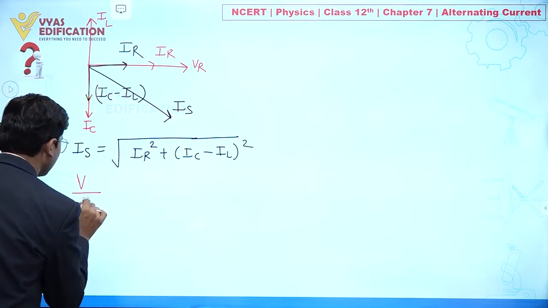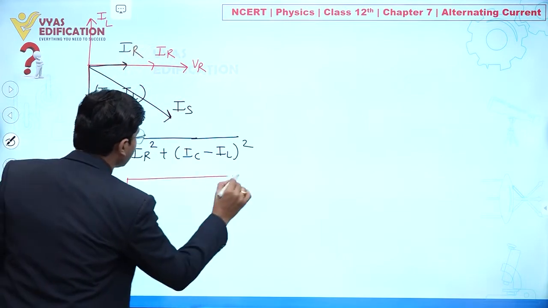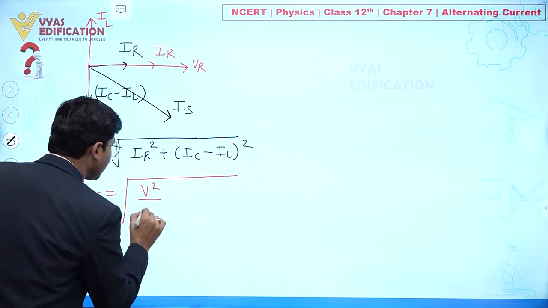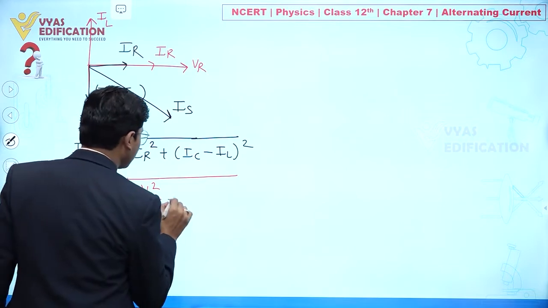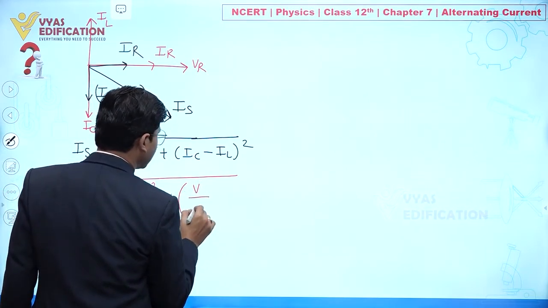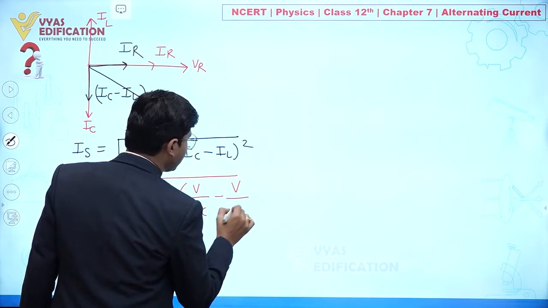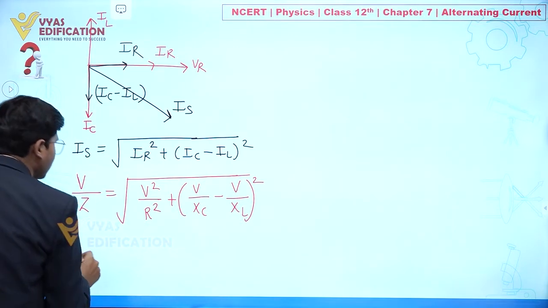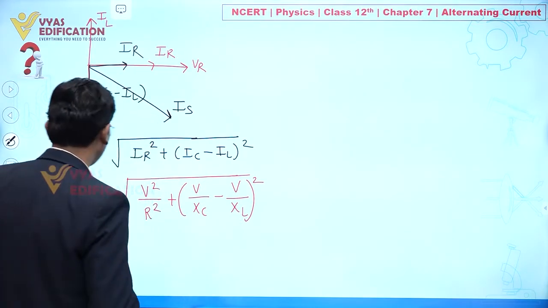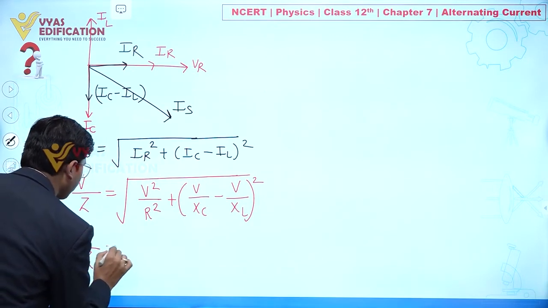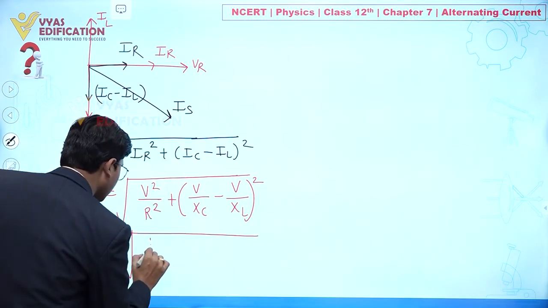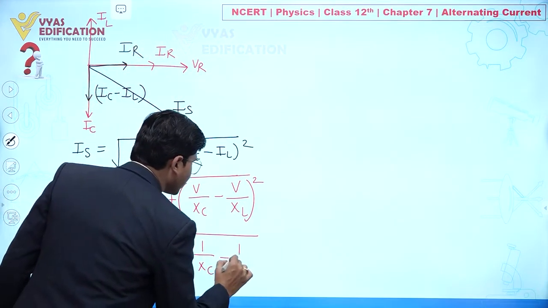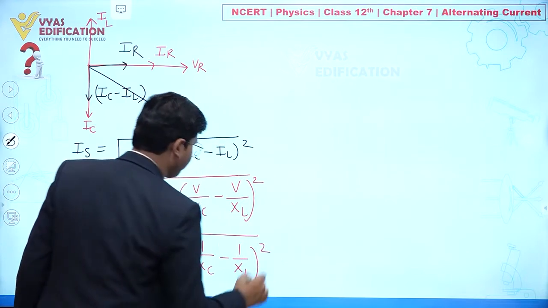So V divided by Z is equal to under root of V square divided by R square plus V divided by XC minus V divided by XL, whole square, clear to everyone. Now if we take V common, we can write 1 by Z is equal to under root of 1 upon R square plus 1 upon XC minus 1 upon XL whole square, yes or no?